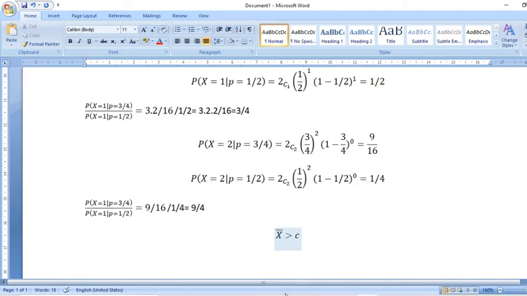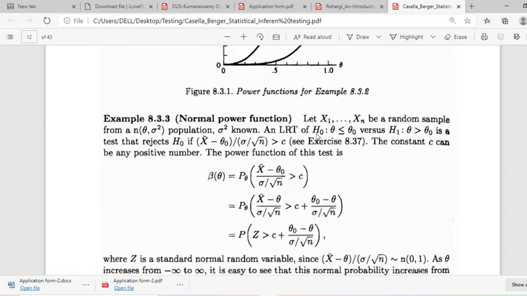This is the rejection region we can take, because when theta less than or equal to theta naught, this is a null hypothesis and this is the alternative hypothesis. When we have to select the alternative hypothesis, if x bar, that is the observed sample mean, is greater than the assumed population mean theta naught, that is the plausible criteria for rejecting this hypothesis. That is, x bar is greater than some c dash or c. X bar is greater than some c. Okay.